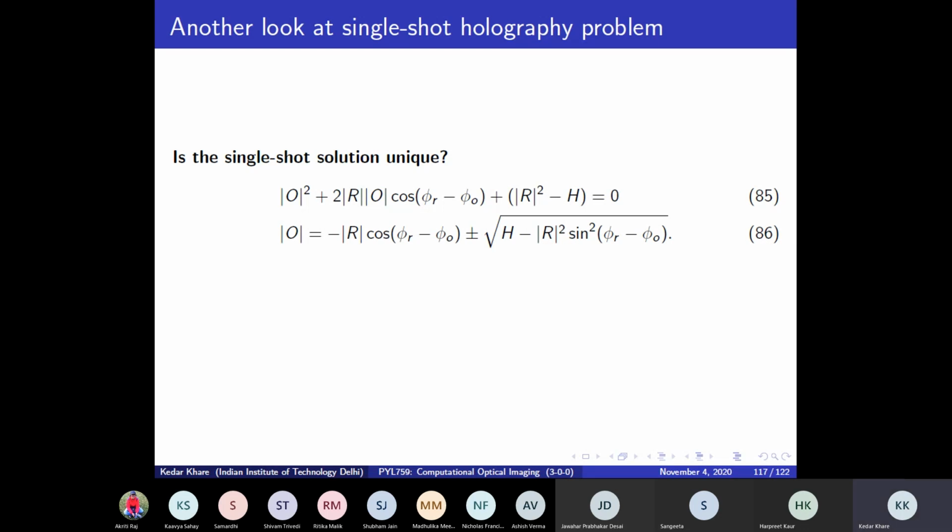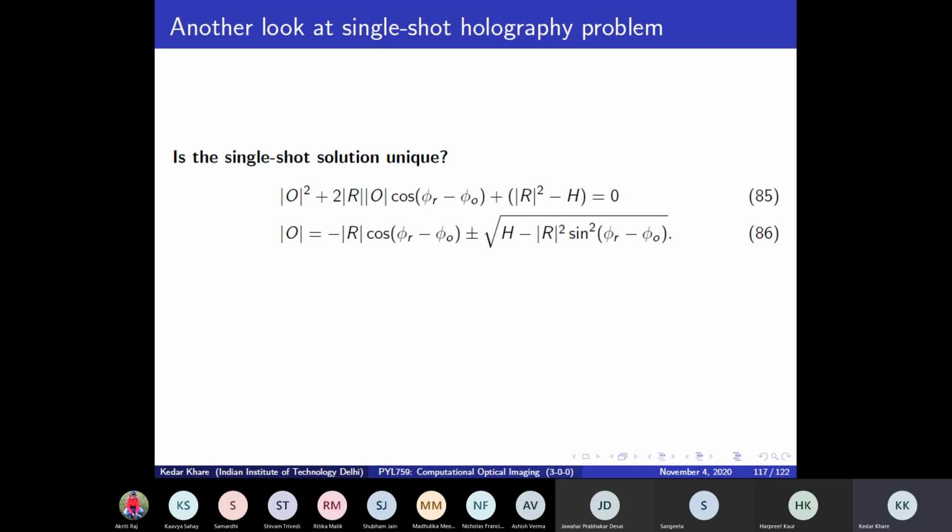Do you see something odd here? The point is, we have knowledge of H, we have knowledge of the magnitude of R and the phase of R, which is phi R, but we don't know the magnitude of O and the phase of O. That is why I have written the interference equation slightly differently, and then I have written the solution, because you can see that this is a quadratic equation in the magnitude of O, and so you can solve this.